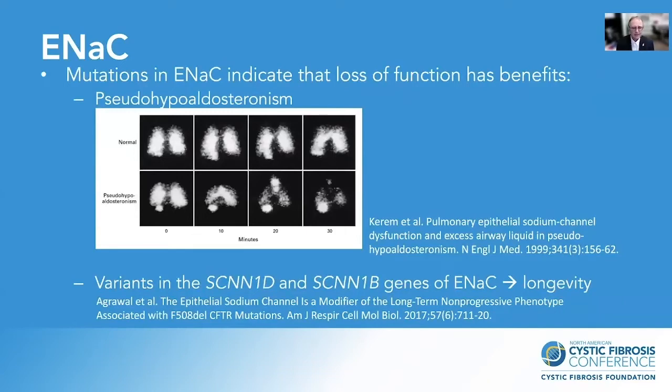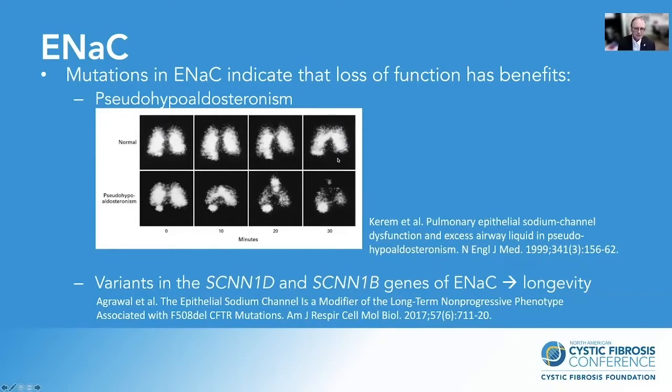How do we know that ENaC is important for mucociliary clearance? Well, we know from old data from patients with a rare mutation that causes pseudohypoaldosteronism, that those patients with dysfunction in ENaC have a significantly increased mucociliary clearance, as indicated here. They clear inhaled radioaerosol much faster than normal people.